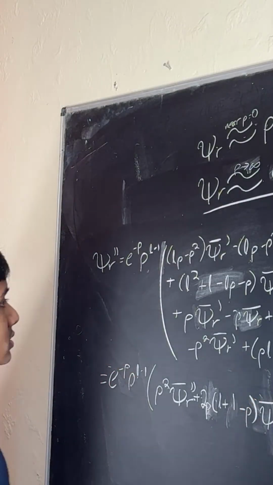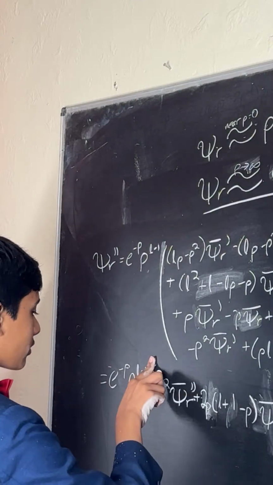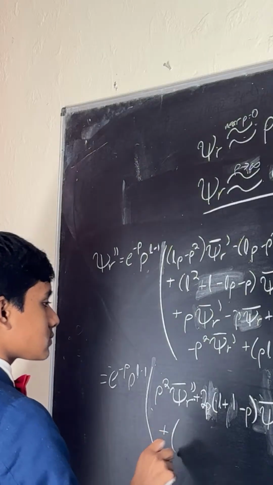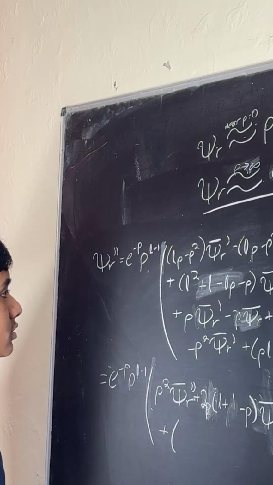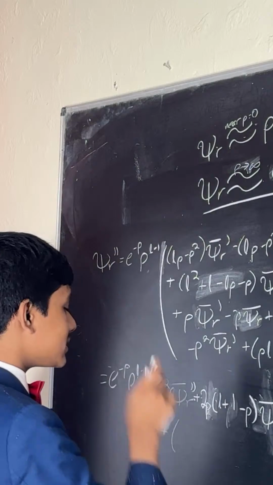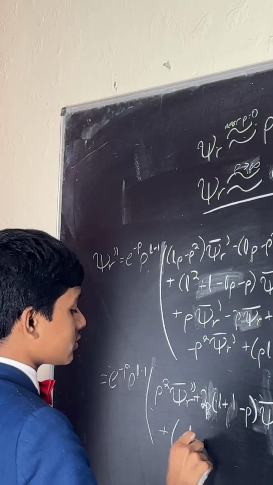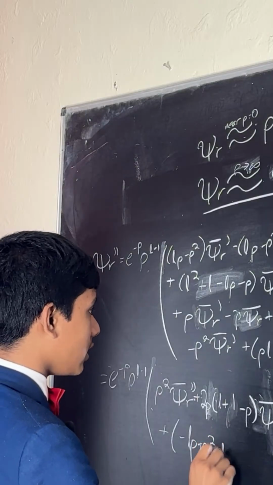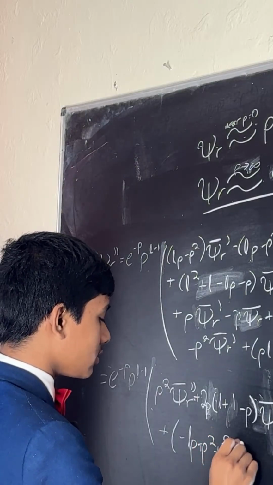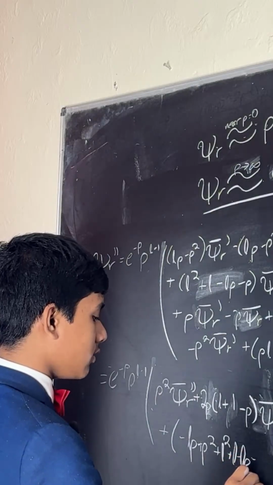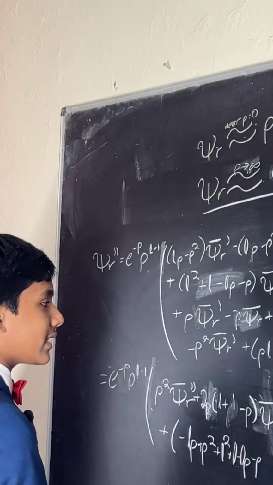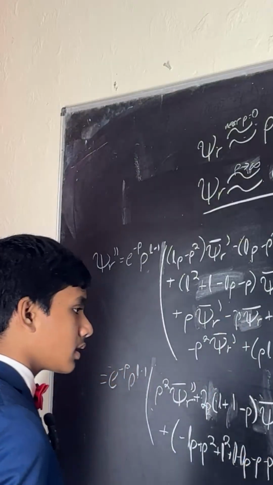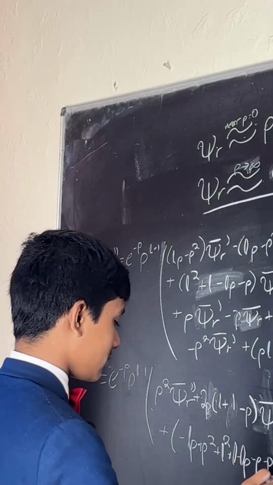Then you have all the psi r overline terms, which became, well, you have the first term over here, which is minus L rho plus rho squared. Then you have that second term, holy hell, L squared plus L minus L rho minus rho. Then you have that third term, minus rho. Then that's it.